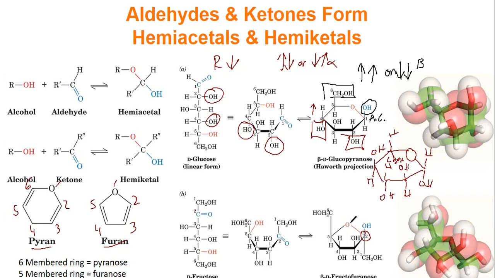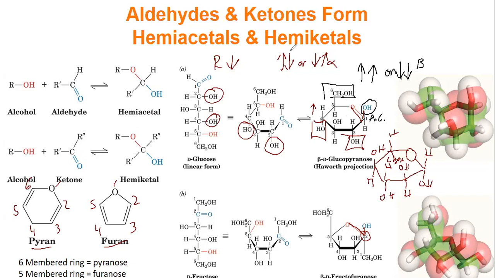So down here in my pyranose, that carbon's connected to 2 oxygens. That's how you find your anomeric carbon, rather. It's connected to 2 oxygens.